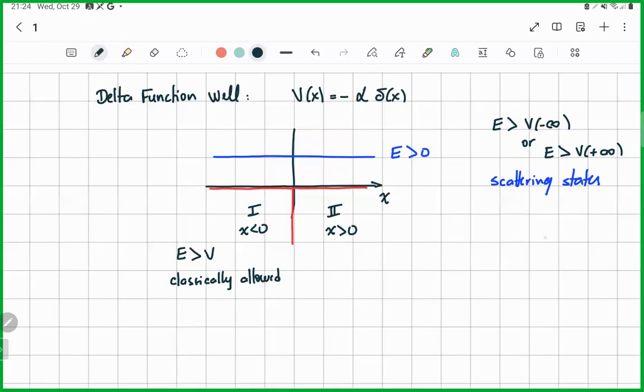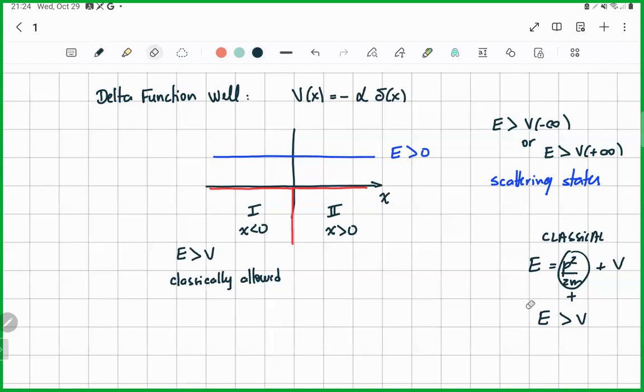Remember, in a classical system, the energy is given by the kinetic energy, which is always positive, plus the potential energy. Classically, the energy is always larger than the potential energy. So we are in this scenario, and classically it would be allowed.